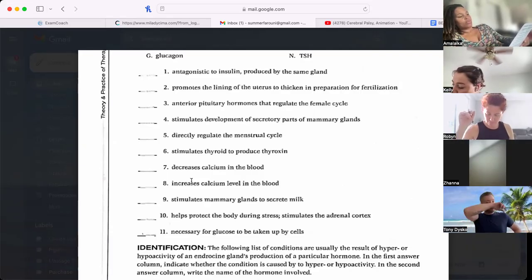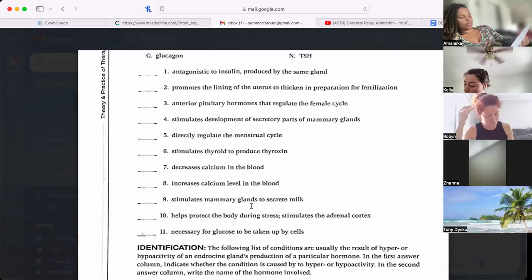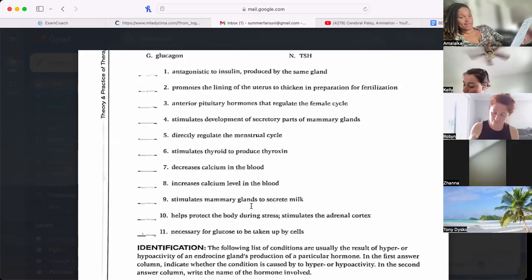Makes it easy. Number 9, stimulates mammary gland to secrete milk. So in pregnancy, lactogenic hormone, or we call it what? Prolactin. Okay, cool.